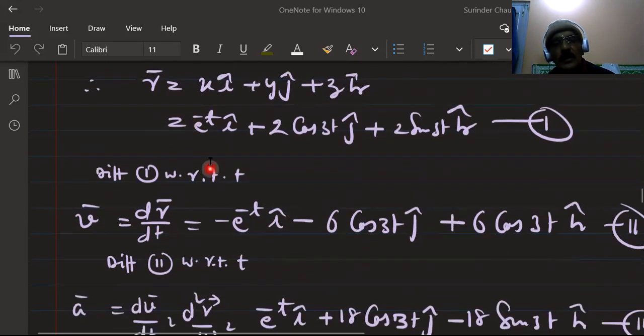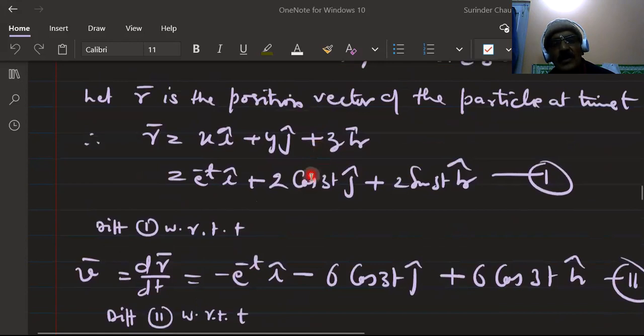So d/dt of this: the derivative of e to the power minus t is minus e to the power minus t, since d/dt of minus t is minus 1. Then 2 is common. d/dt of cos 3t is minus sin 3t, and d/dt of 3t is 3, so that gives minus 6 sin 3t.